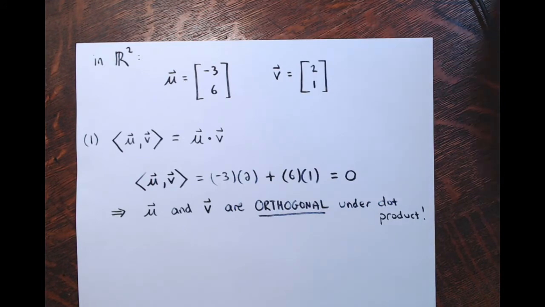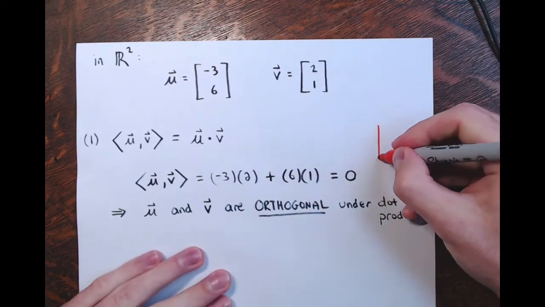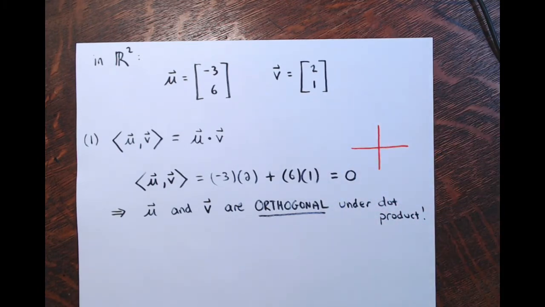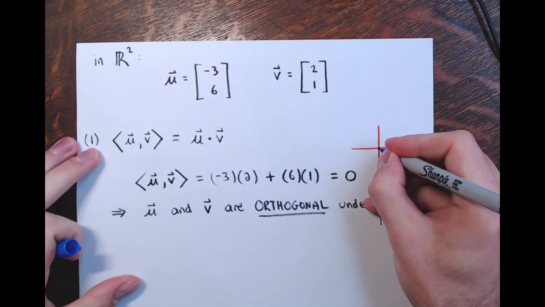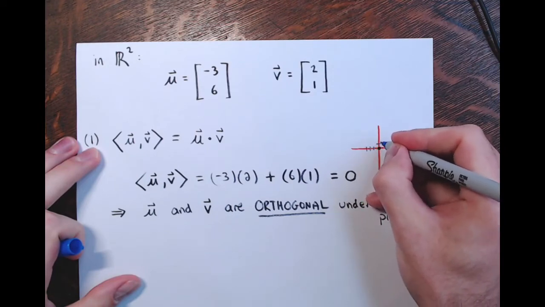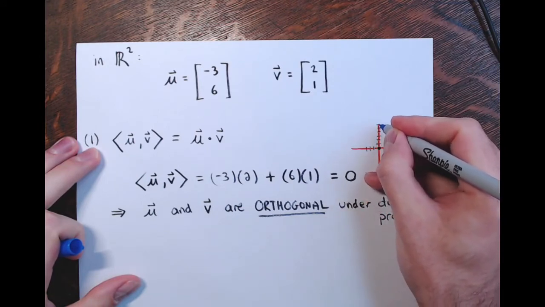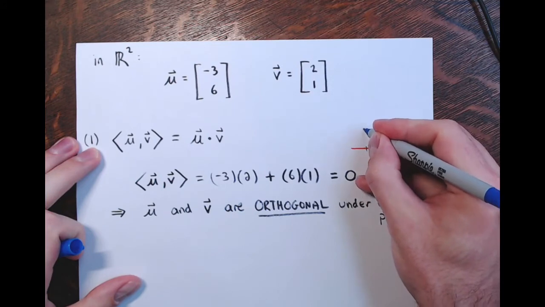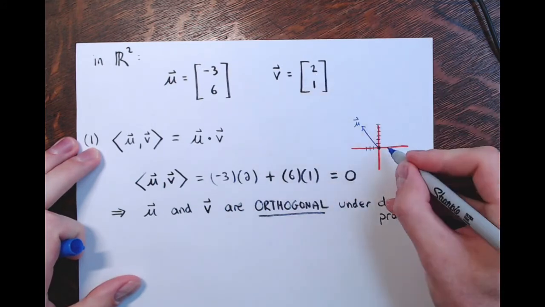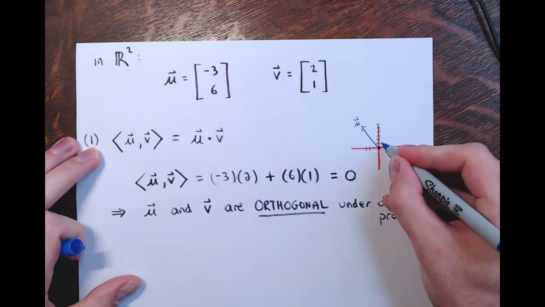And if you were to graph these as well, here's the coordinate plane, and if I were to graph these vectors in standard position in R2, starting from the origin here, u is negative 3, 6, so left 3, up 6. That motion. So there's u, something like that. And vector v is 2, 1, right 2, up 1.